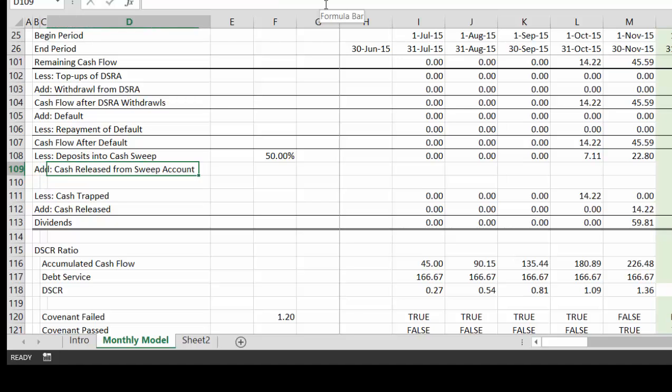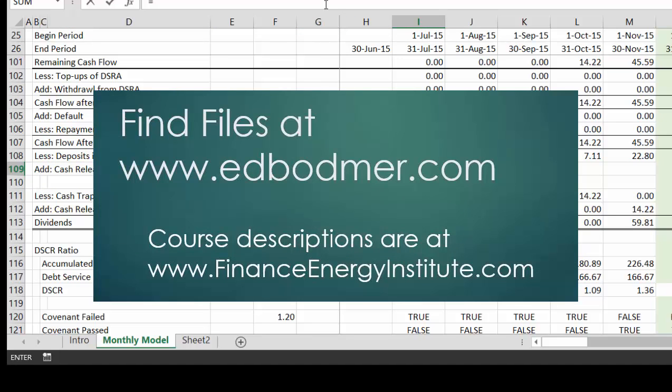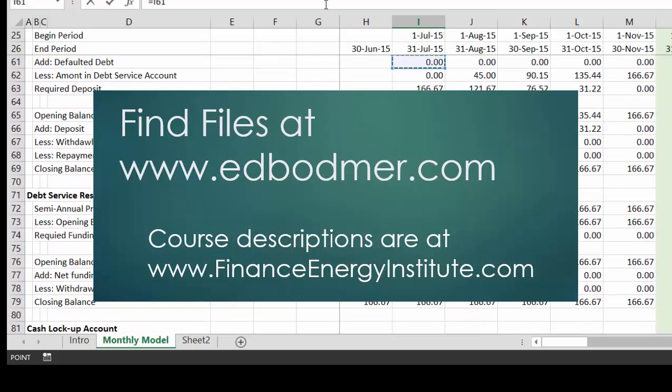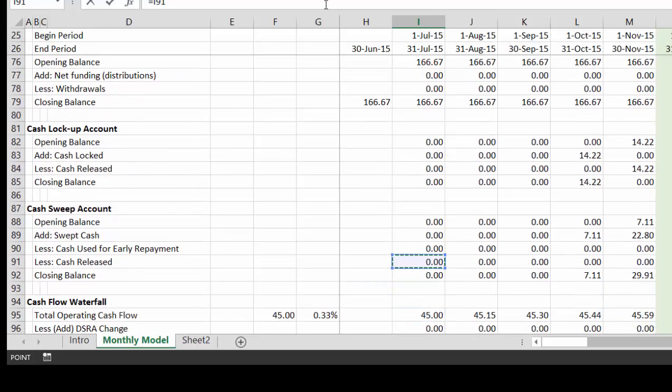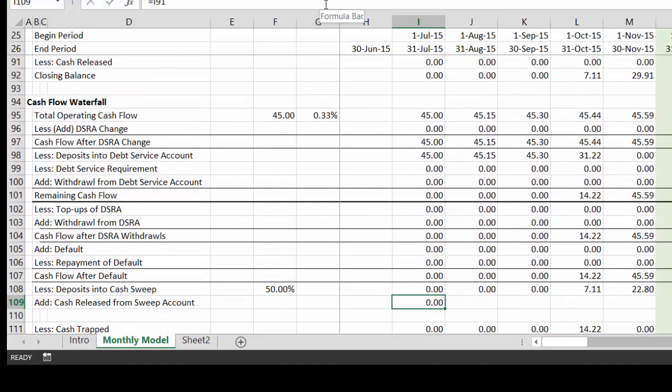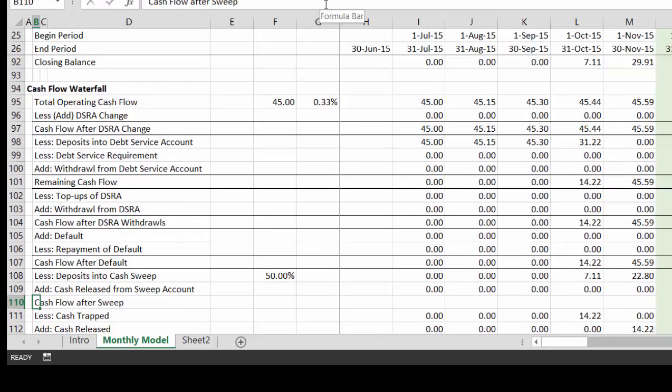Okay, and all I can say is at least we use the minimum and maximum account. You know what I meant. Okay, and then we can make a subtotal. Cash flow after sweep. Okay, and of course, that is this minus this plus this.